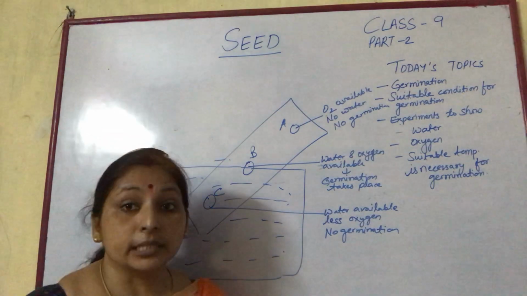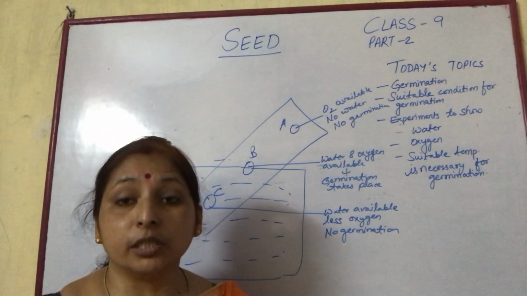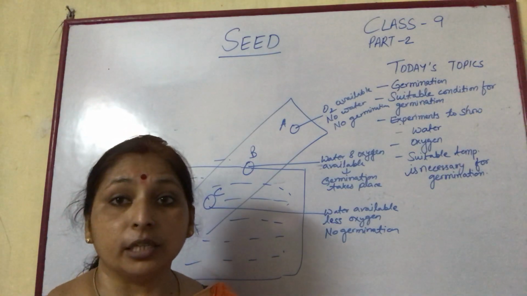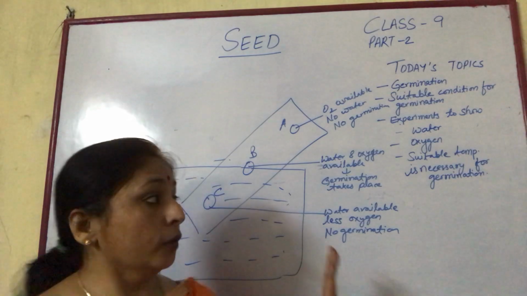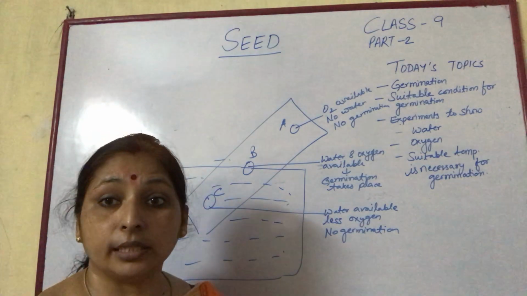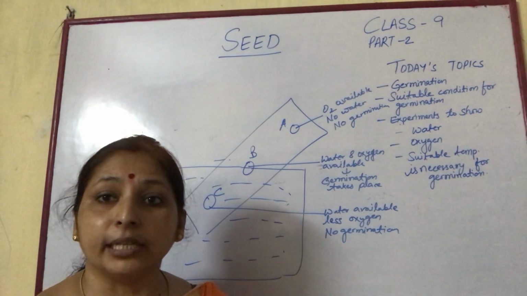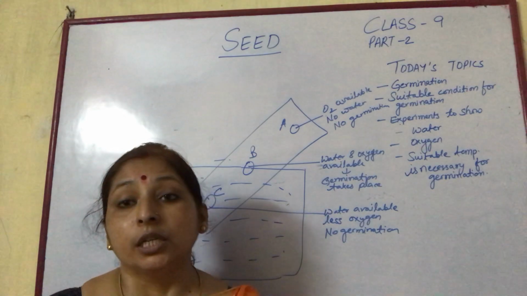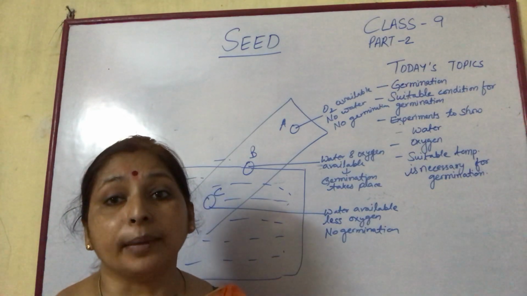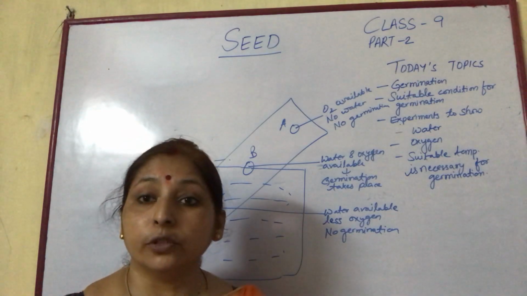This is all about the experiments to prove that the germination process requires oxygen, water and suitable conditions, and when all these three conditions are provided to the seed, only then does germination take place. In the next class, we'll study different types of germination, epigeal or hypogeal germination in seeds. Thank you for today's class.